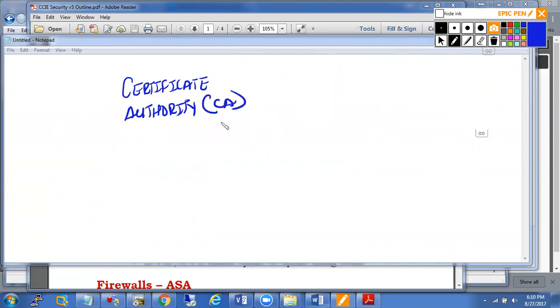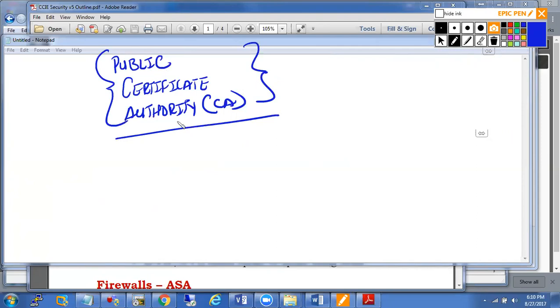To this certificate authority, the CA server. But if I want to do business on the internet, like a bank does, I need to have what? An authority that is trusted by everyone. A public CA server that will be trusted by different people.